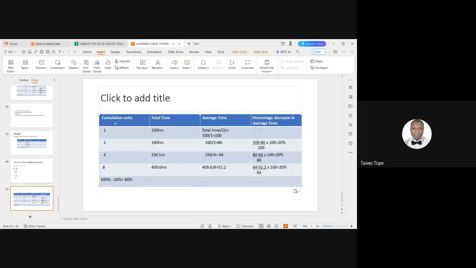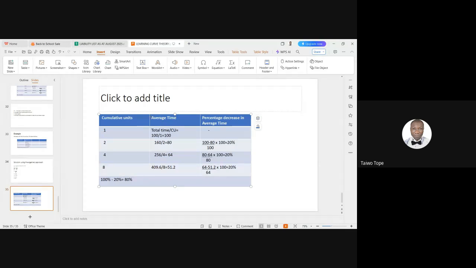It's not far-fetched from what we've displayed here. So we have 1.4, then the cumulative average time.